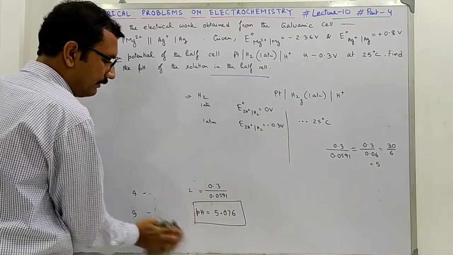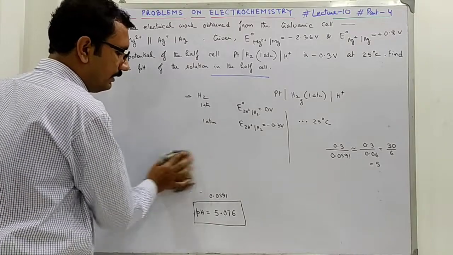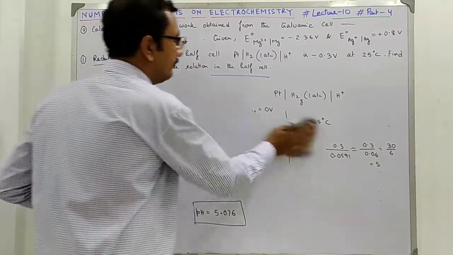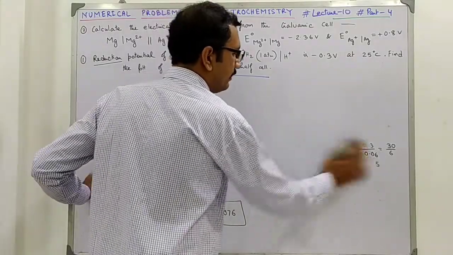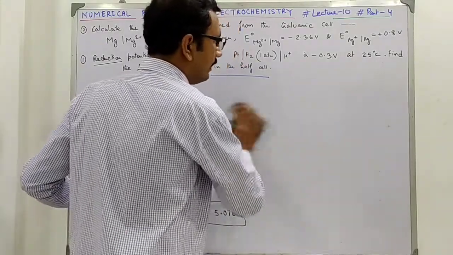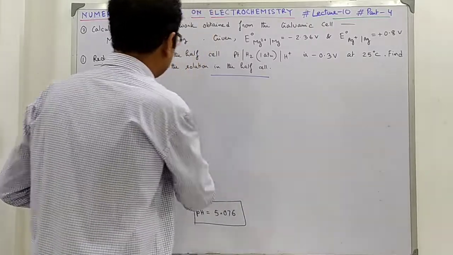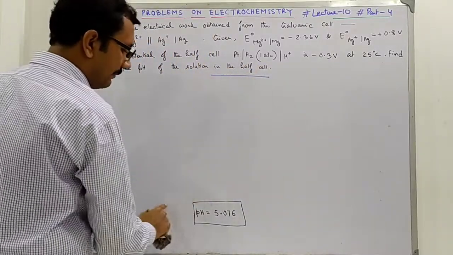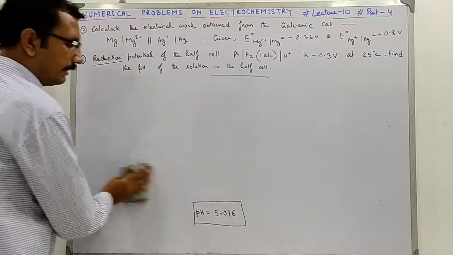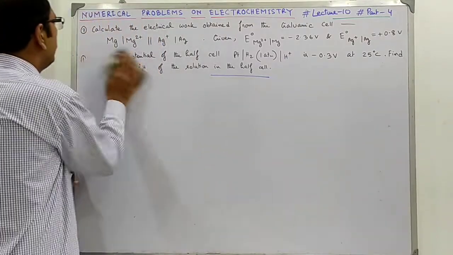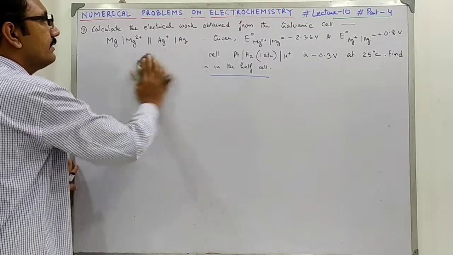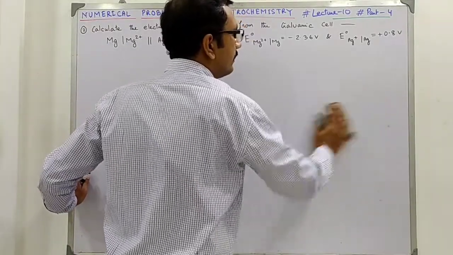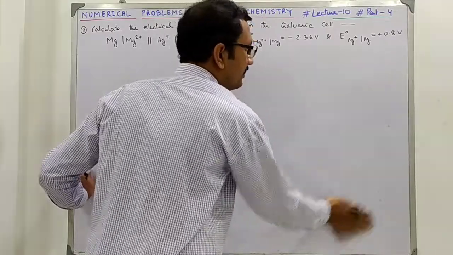Your answer is the pH of the solution, and at the end, if it is in your final exam of higher secondary, please write the answer at the last, that pH of the solution in the half cell is 5.076. That will bring completeness to the solution, since in such exams representation is important.